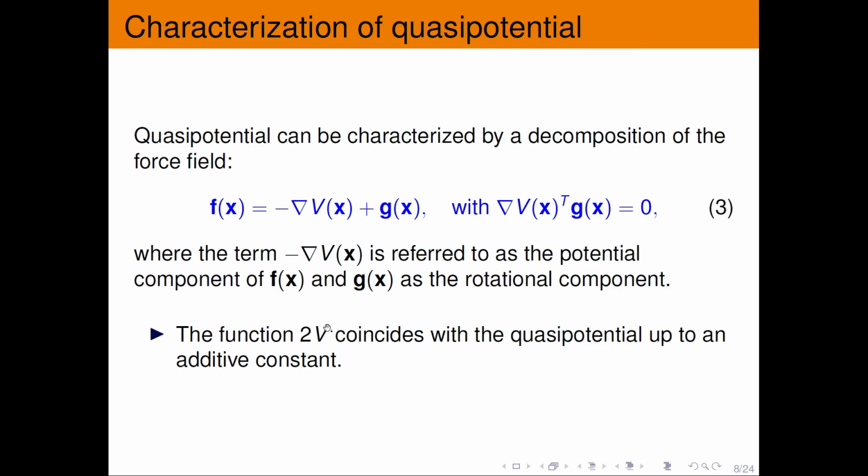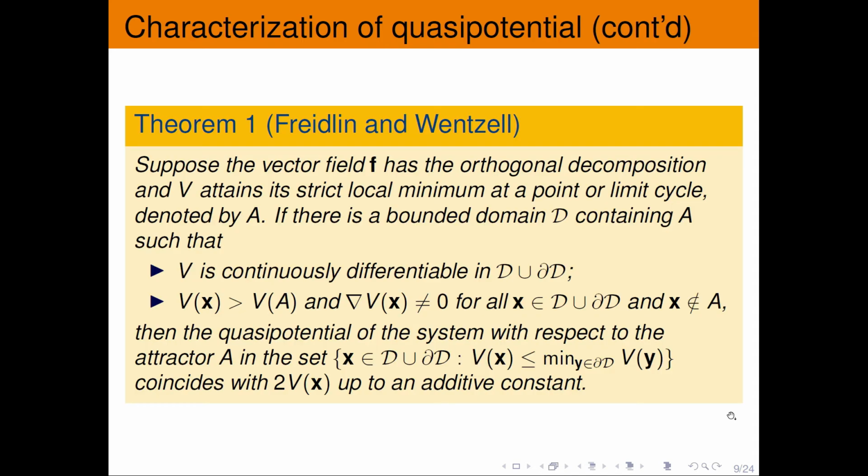One can show that the function 2V from the potential component coincides with the quasipotential up to an additive constant. This is proved in the theorem by Freidlin and Wentzell. They proved that under these 2 conditions, the quasipotential of the system with respect to the attractor A in this set coincides with 2V up to an additive constant.